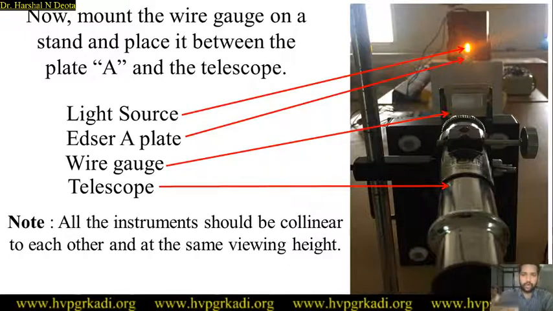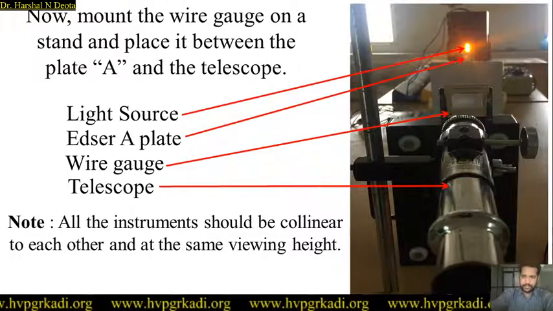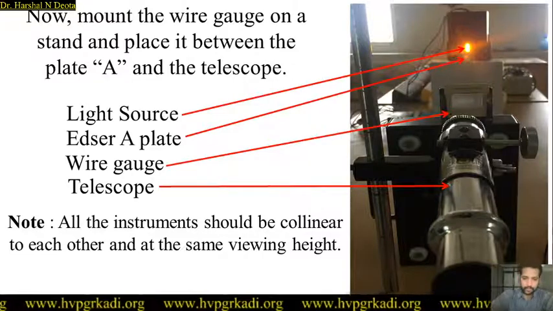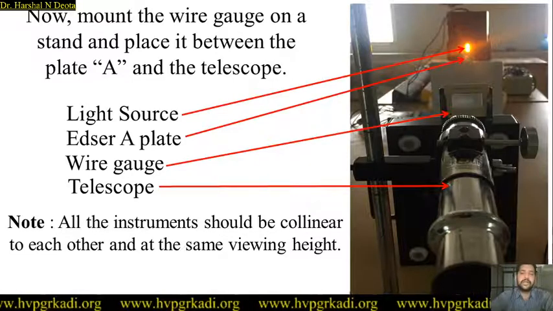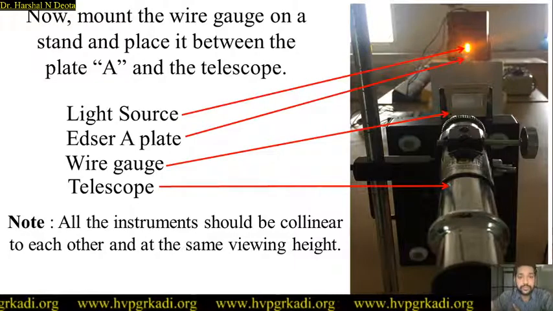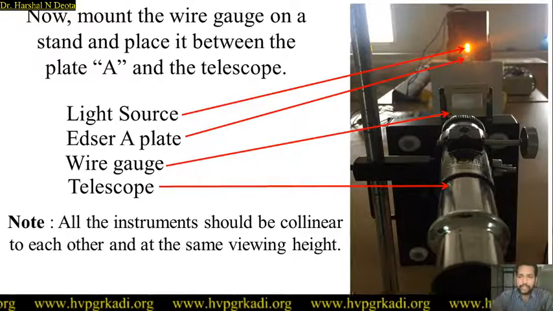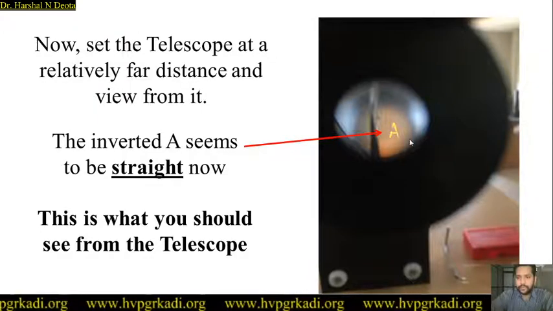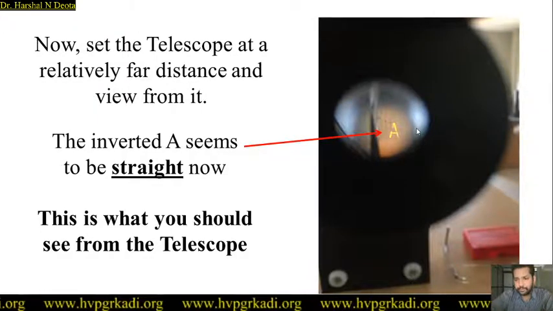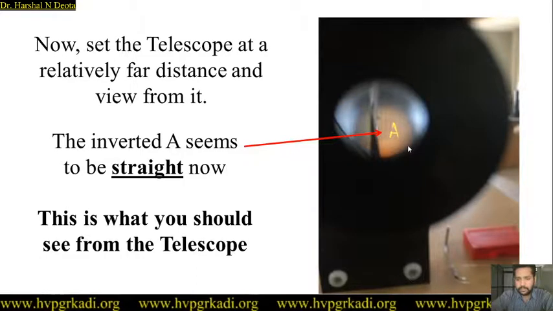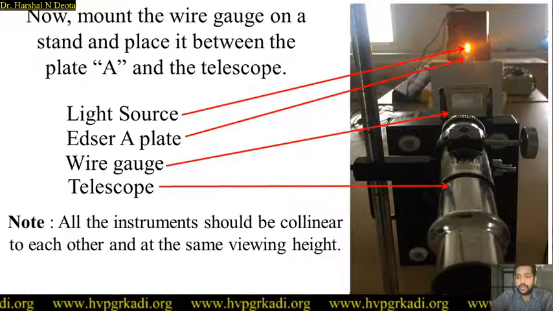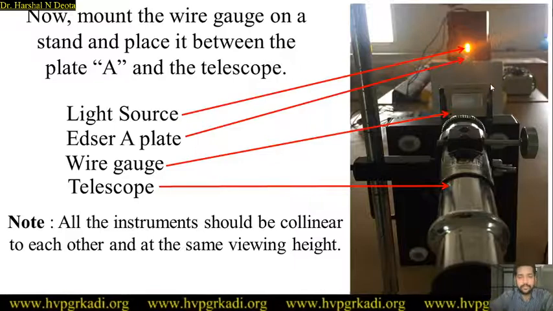First of all, we took all the apparatus, we arranged it accordingly to be collinear and at the same height, and then we will actually start observing. But what is to be observed? Friends, you already saw in the previous slide that from the telescope you have such a view, right? Just a pattern. Now, how would the view change when you have inserted the wire gauge here?